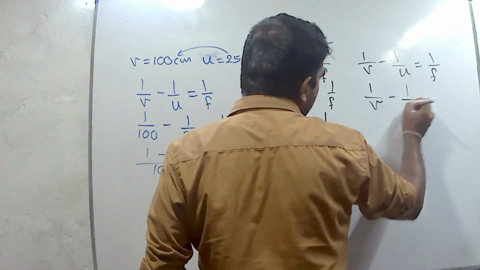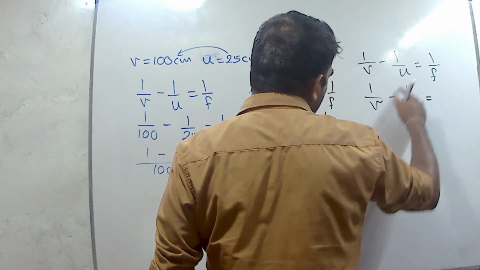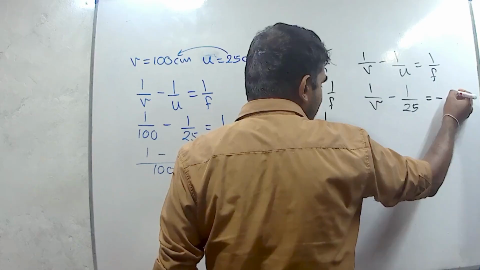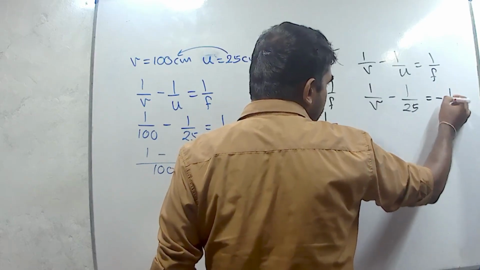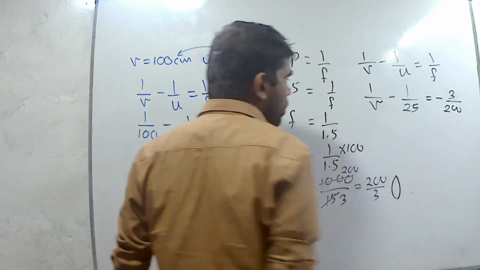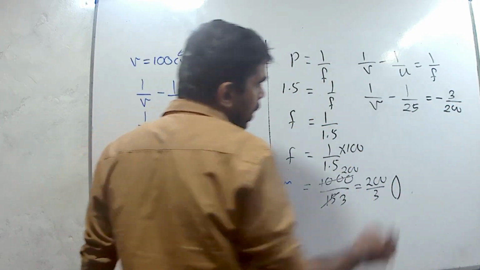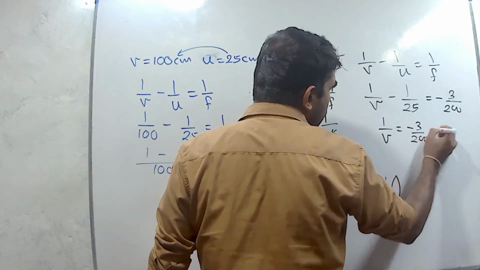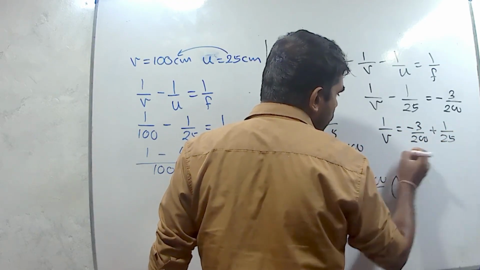Object distance is 25. We have to see the object at 25. Focal length is minus 200 over 3. Then 1 over F means 3 over 200. Then I will simplify it. 1 over V equals minus 3 over 200 plus 1 over 25.